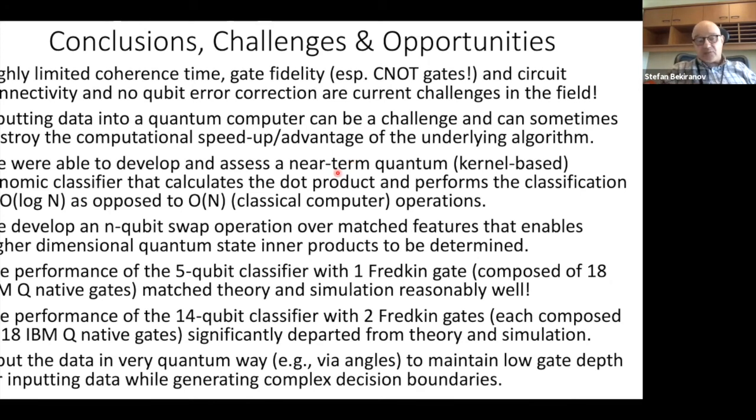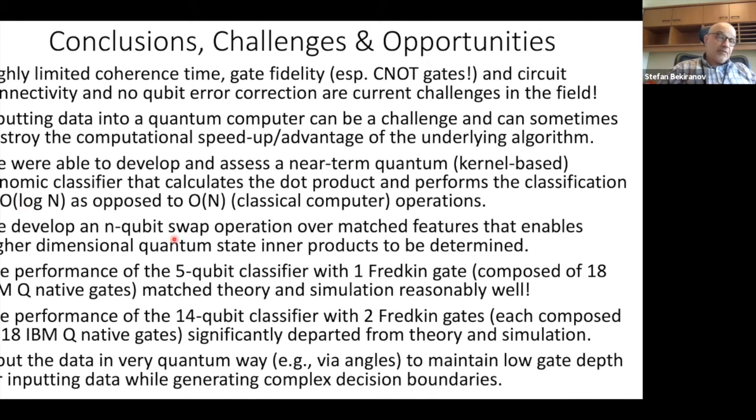But nevertheless, we were able to develop a near-term kernel-based quantum classifier, which leads to an exponential speed up in classifying the inner product. So if we were working on giant state vectors like on the genome, we could calculate inner products with 32 operations as opposed to 3 billion.